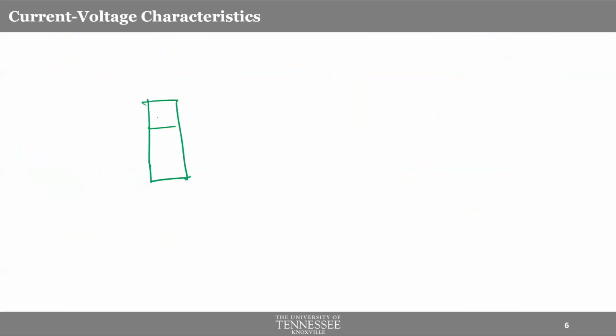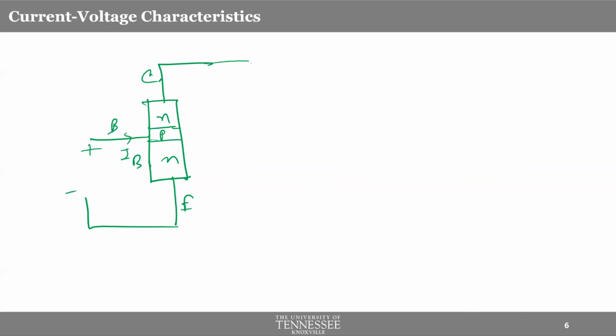We are dealing with an NPN BJT, and in it we are looking at the base emitter voltage and the base current. A simplified picture. And when I say collector emitter voltage, I'm looking at something like this, with collector current and emitter current.